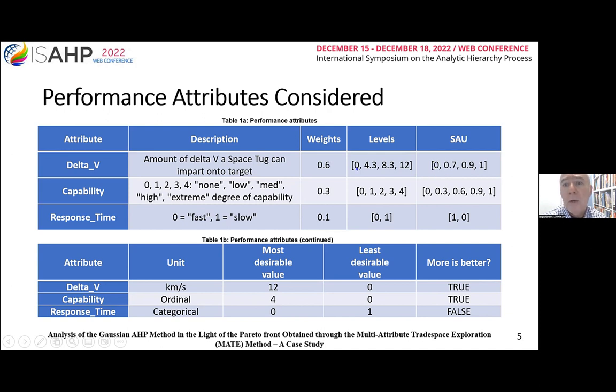For example, for the level of interest 0, we have the single attribute utility 0, and for the level 12, we have the single attribute utility 1. For intermediate levels, we can do piecewise interpolation. And so on and so forth for the other attributes, delta V, capability, and response time. Note that the response time is a monotonically decreasing attribute, so level 0 corresponds to single attribute utility 1, and level 1 corresponds to single attribute utility 0.